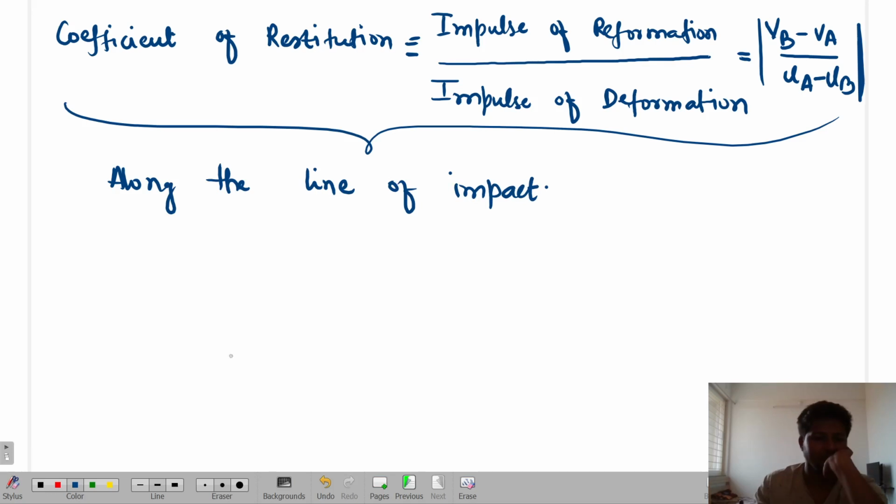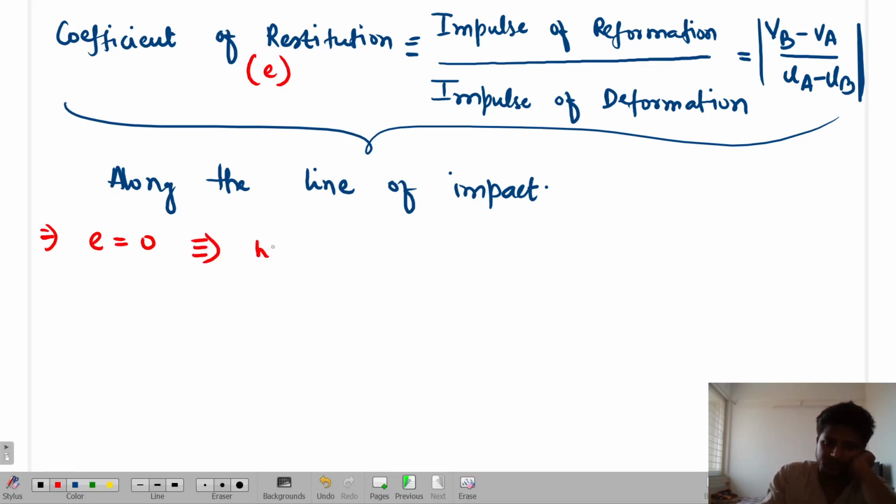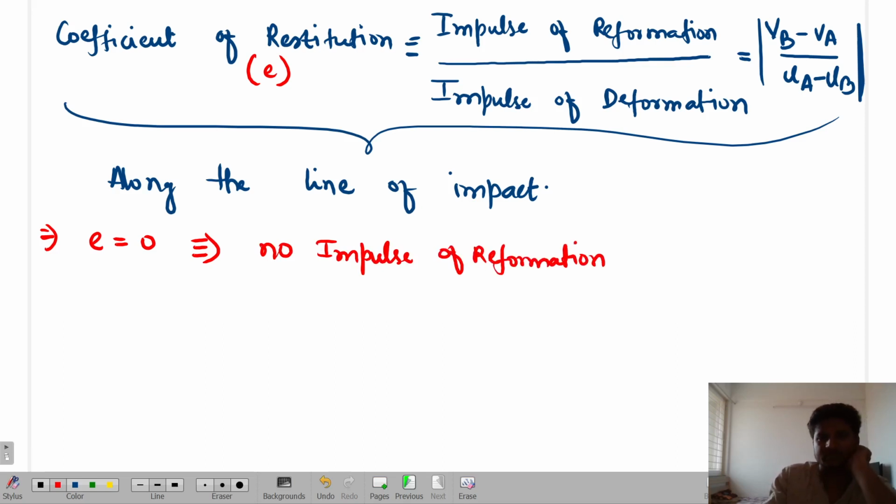Is that clear? Next thing, if we have these conditions, then E has three different values. E is equal to 0. That means no impulse of reformation. That means bodies after collision move with the same velocity.